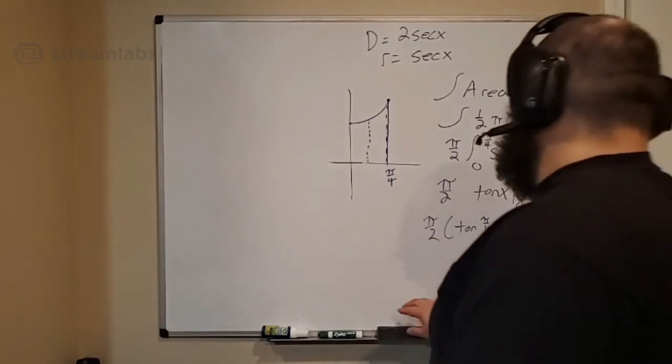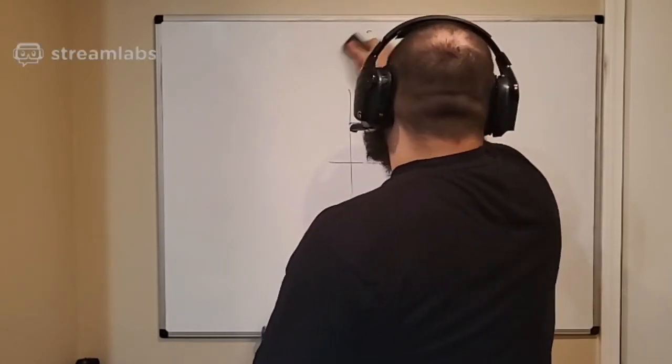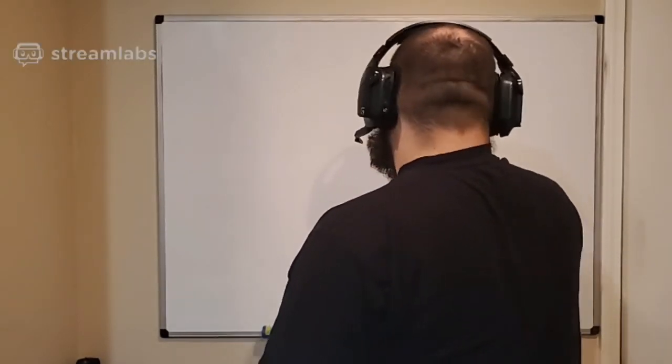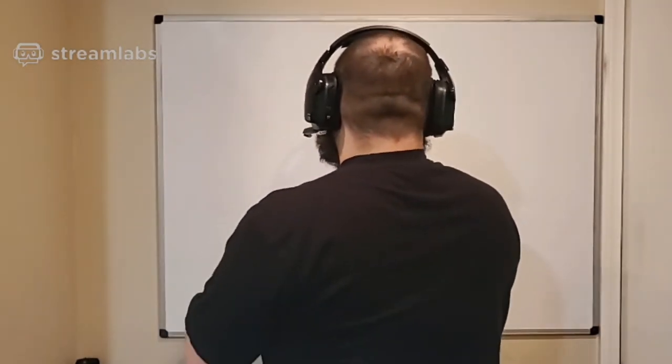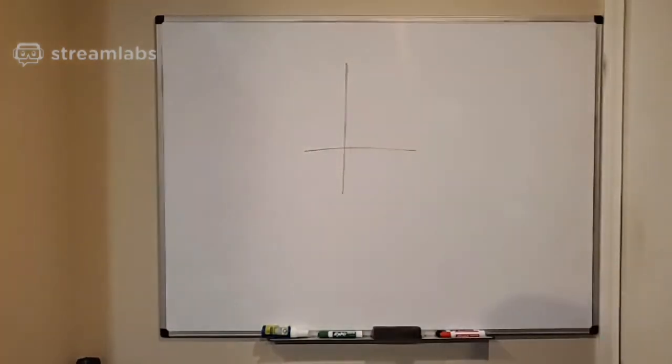Do I need to do this one as well? Yeah. Okay. So I remember the region was y equals 1, I think was one of them, y equals square root of x, y equals 1, and the y-axis.